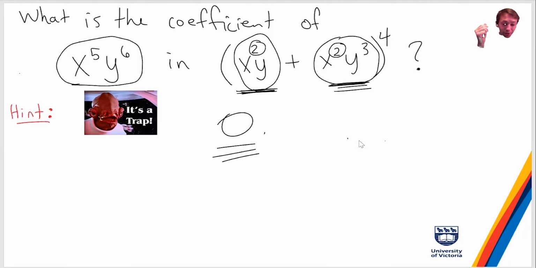Okay, so I don't think you're going to encounter this very often, but just to be aware, these questions are not always necessarily answerable by doing the substitution. If you did the substitution, you could figure out that there's no solution. Basically you'll get terms that look like x to the 2k plus 8 minus 2k or something, and then y to the 4 minus k plus 3k or something.